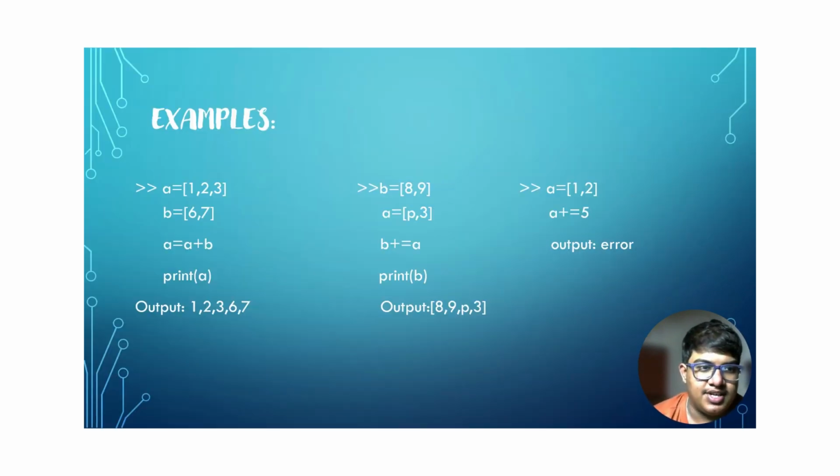Here are some examples. The first one is where A is a list with 1, 2, 3 as its elements and B is a list with 6 and 7 as its elements. We concatenate them as A plus B, and when we print, we get 1, 2, 3, 6, 7. Both the elements of A and B, which are small lists, have been concatenated into the mega list.